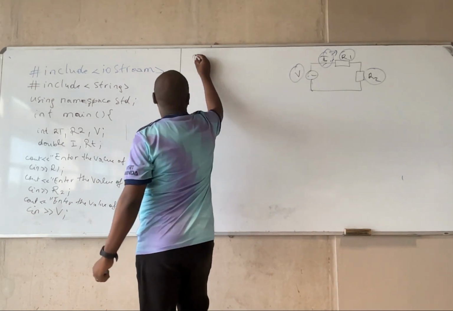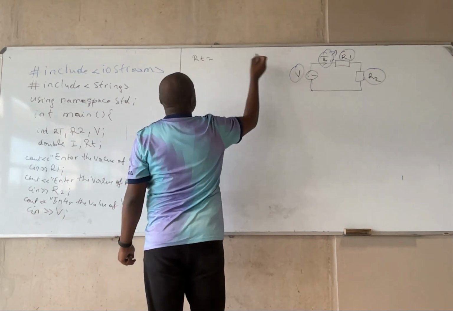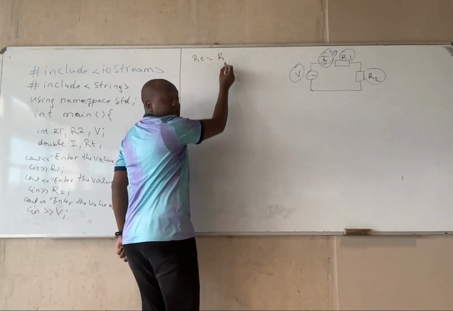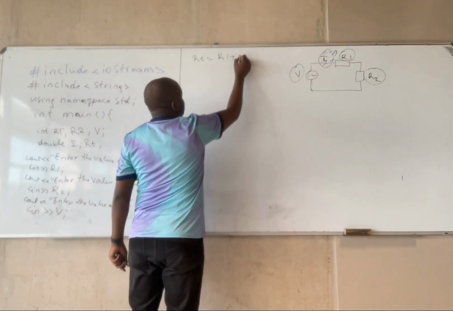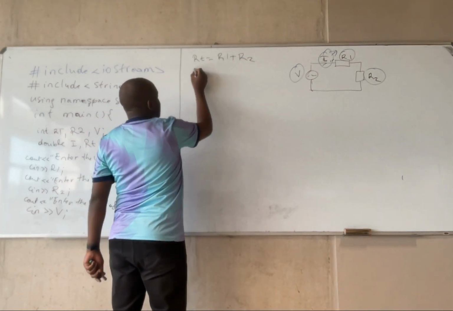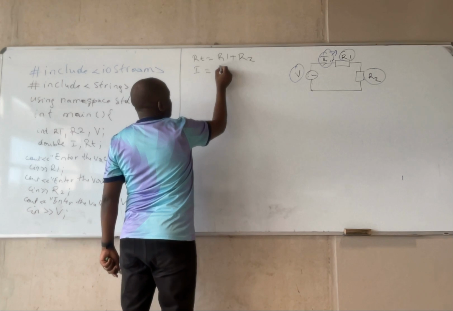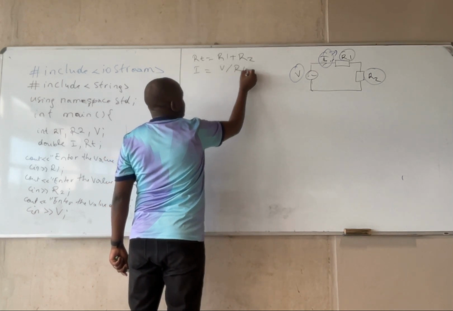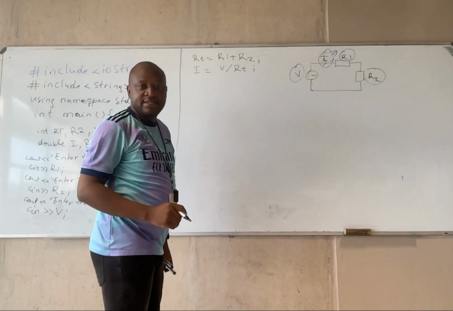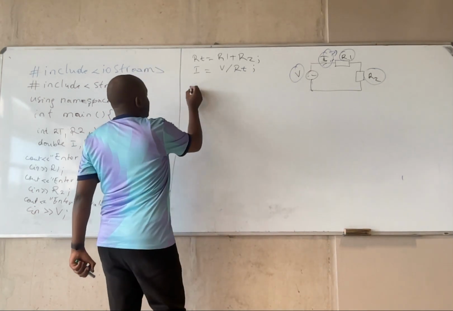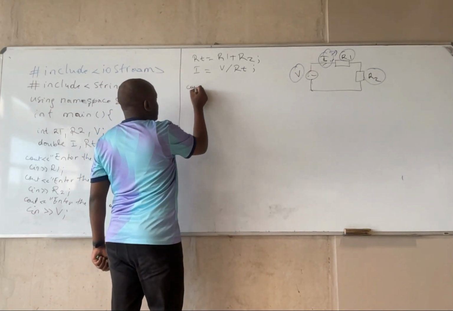Then you say your RT, in this case, is equal to R1 plus R2, and then your I will be V over RT. Always remember to put a semicolon at the end.